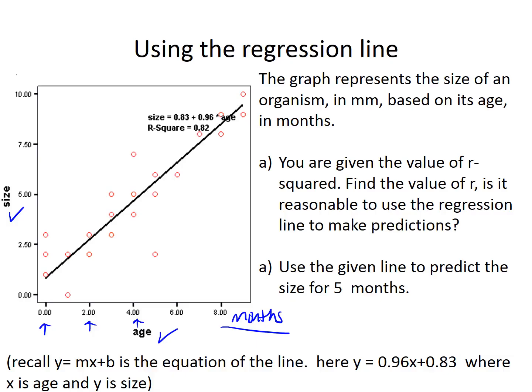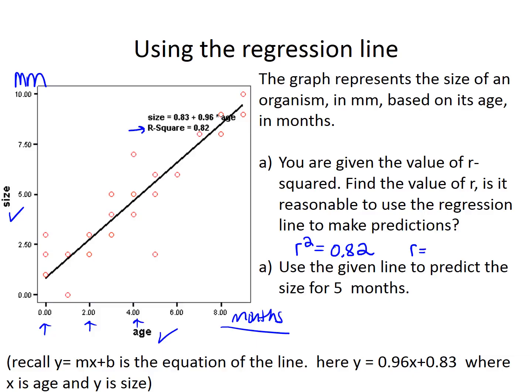And the size is in millimeters. So you are given the value of R squared. A lot of times with this output, it will give you R squared. So R squared is 0.82. Find the value of R.